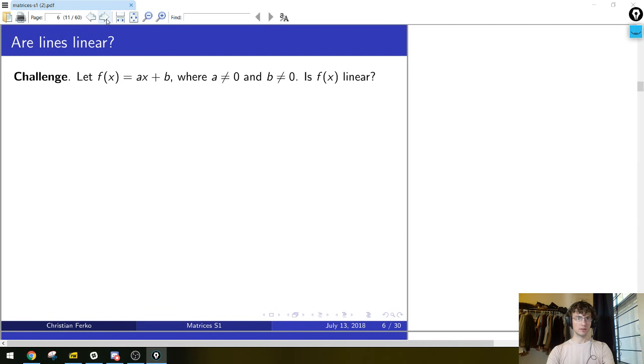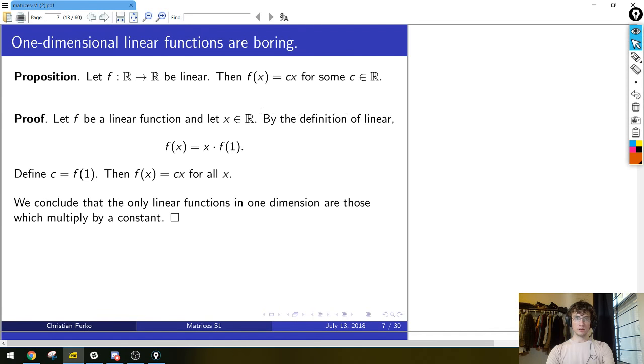Let's move on. Okay, so we showed two slides ago that if a function multiplies the input by a constant, then it is linear. Now I'm going to show the converse, which means that every linear function in one dimension is multiplication by some constant.